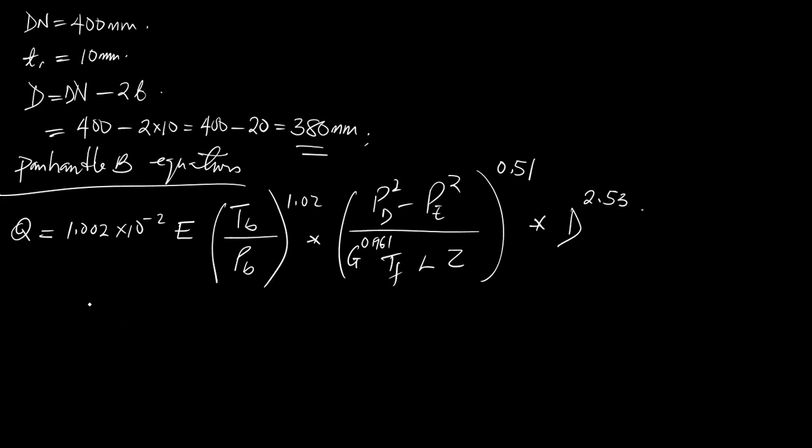Now let's say the length DE is 60 kilometers. The flow rate for DE is 1.0 times 10 raised to power 6 standard meter cube per day.